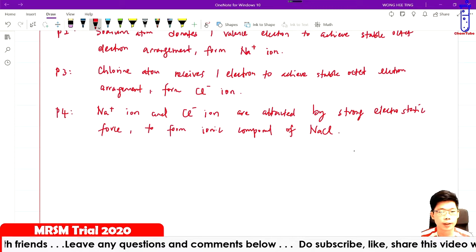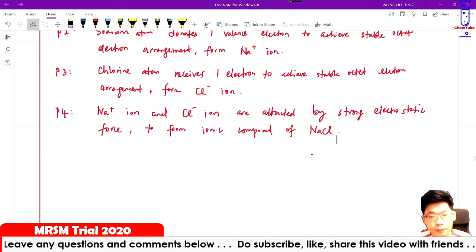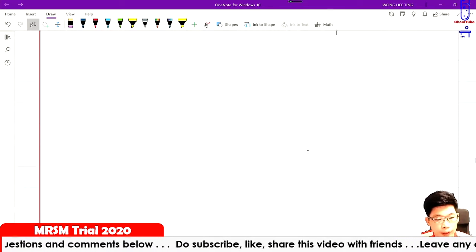So these are the 4 points you can write for the formation of sodium chloride. Okay, next.